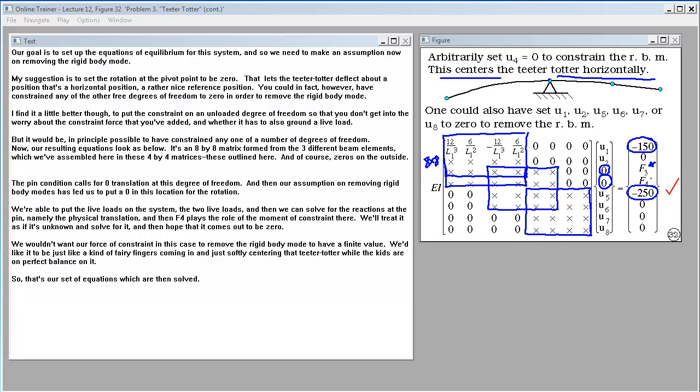We wouldn't want our force of constraint in this case to remove the rigid body mode to have a finite value. We'd like it to be just like a kind of fairy fingers coming in and just softly centering that teeter-totter while the kids are in perfect balance on it. So that's our set of equations, which are then solved.